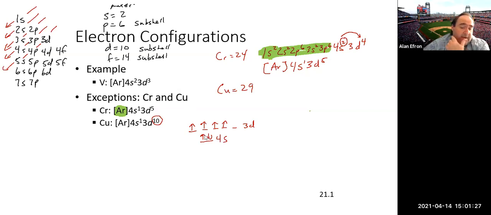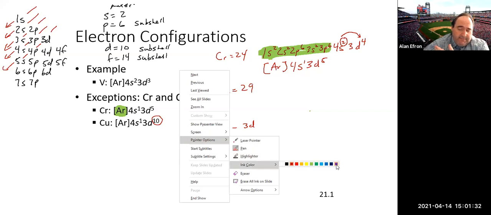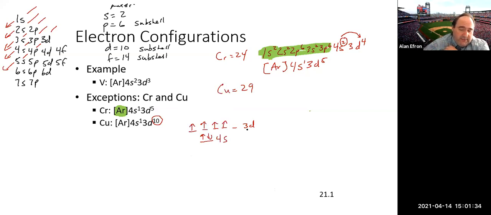In addition, you might also remember this from electron configuration last semester, that once you start filling the d orbitals with electrons, there's actually a switch in energy that occurs between these orbitals. What ends up happening is the 4s orbital actually becomes higher in energy than the d orbital.